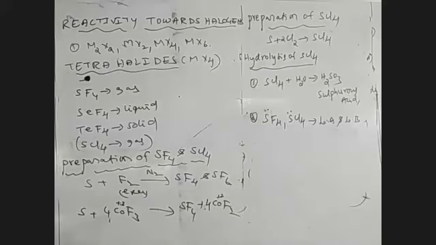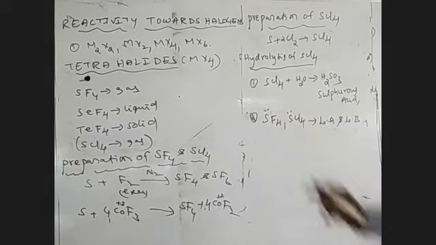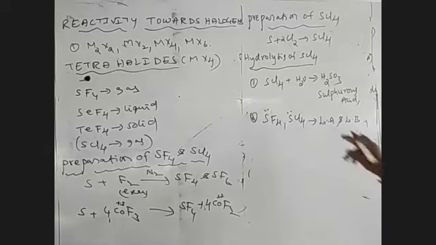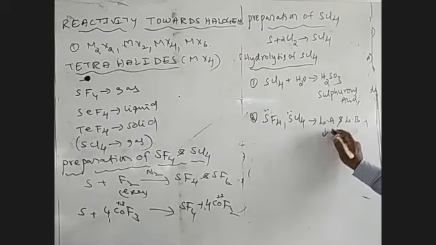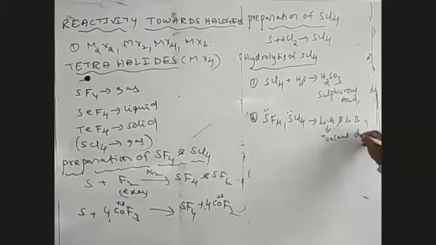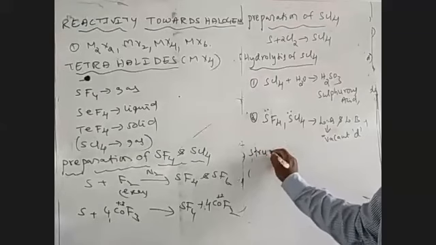They act as Lewis bases due to the lone pair of electrons on the central atom, and as Lewis acids due to the presence of a vacant d sublevel in S. Therefore, both SF4 and SCl4 act as Lewis acids and Lewis bases. Next, the structure of tetrahalides.